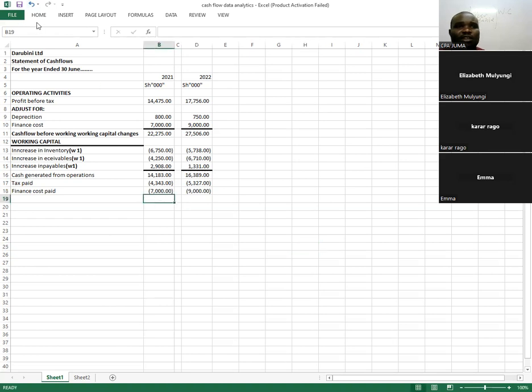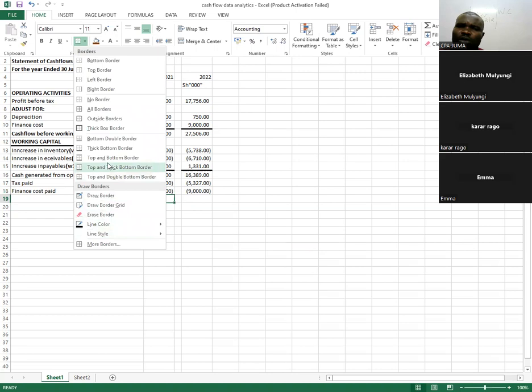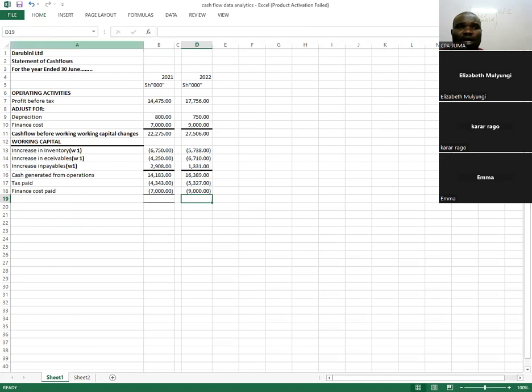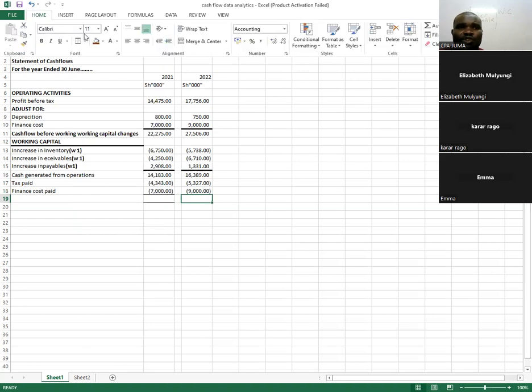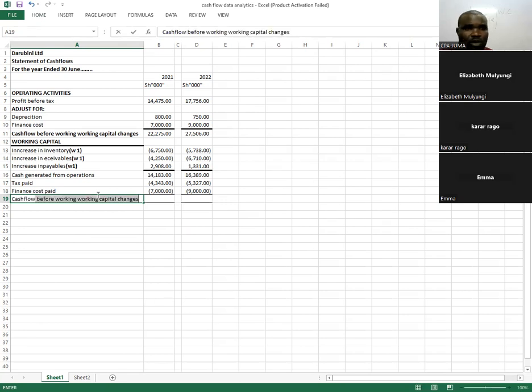So we add this. Single top, single bottom, because I'm done with operations. Operations ends there. So you will add. This is the cash flow from operating activities.